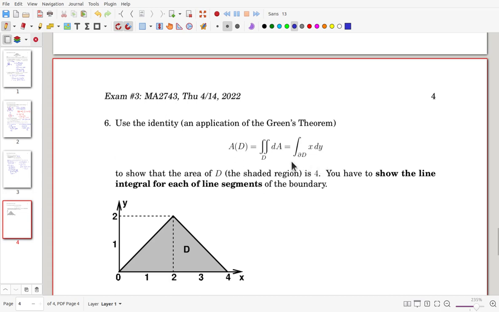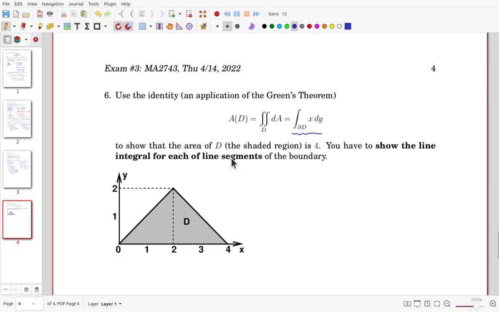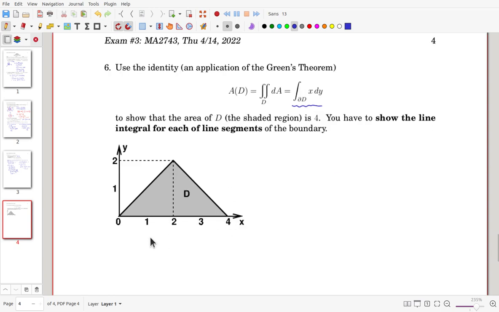So we'll use this one, and piece by piece along the boundary we'll compute, and we'll finalize the area of the region. For this one, we have 3 pieces, C1, C2 and C3.